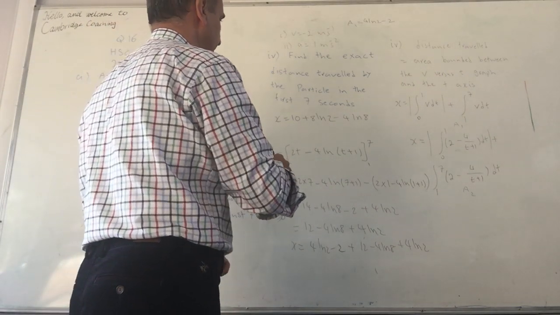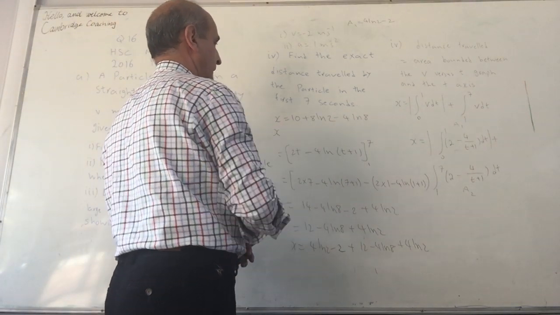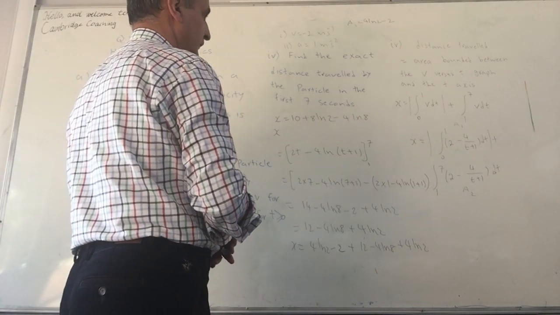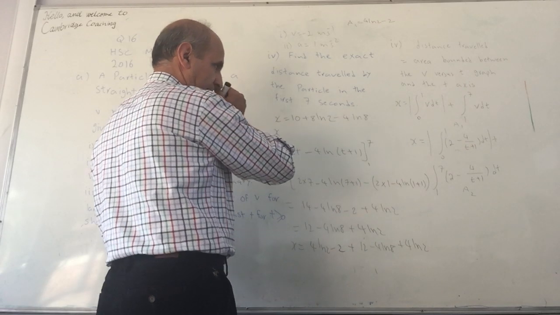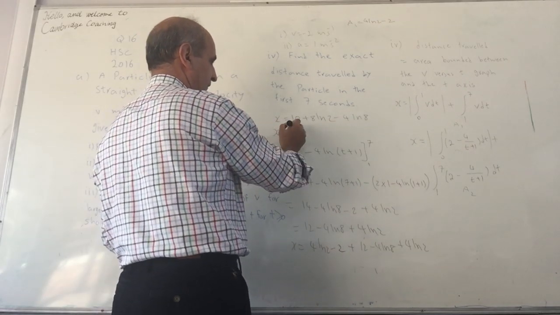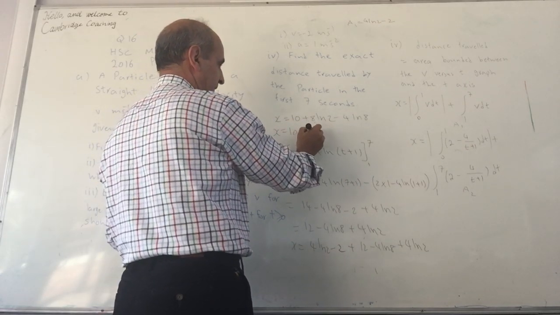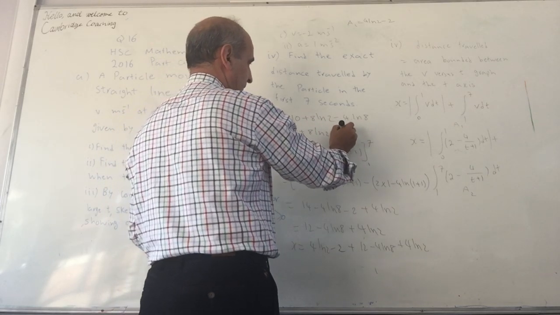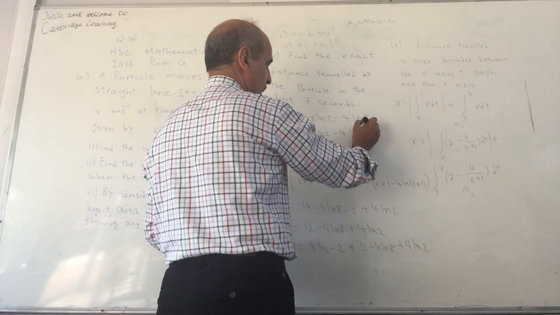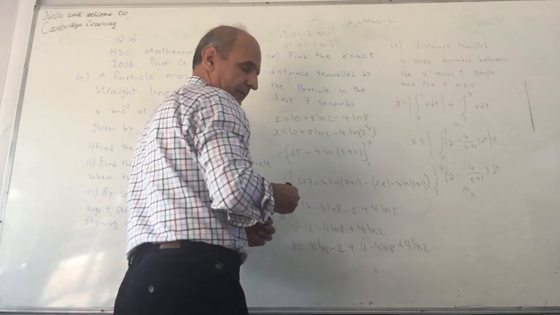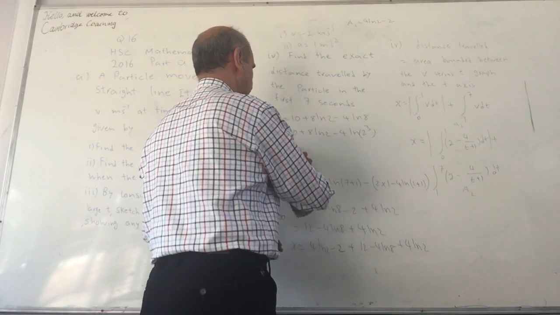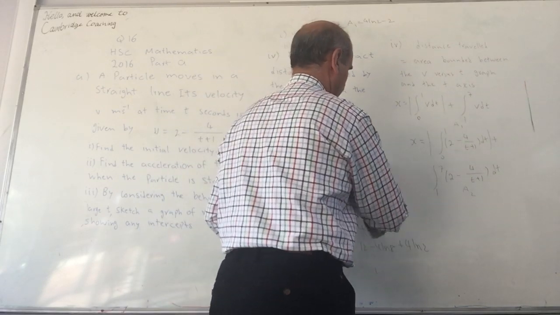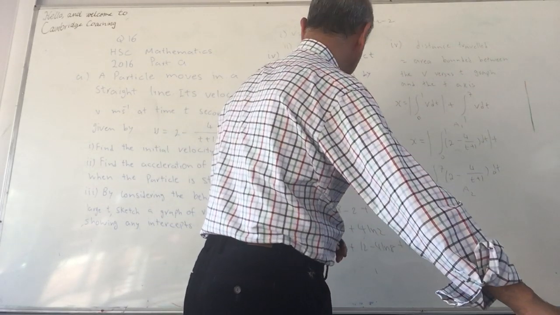Alright, what I can do is turn this into ln 2 as well. I can write 8 as 2 to the power of 3, and you know that when you take a log, the power comes in front.